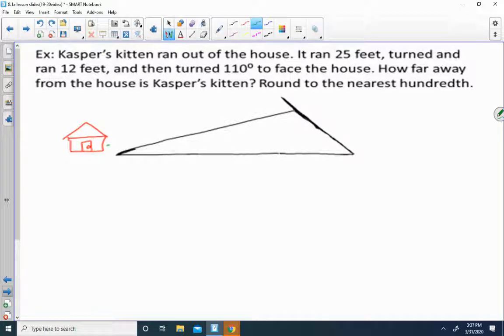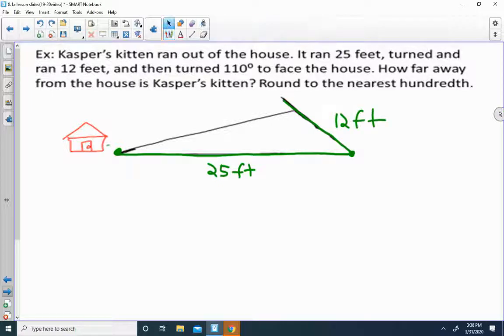Okay, so let's say the cat is right here when it gets out of the house. We're first told that it's going to run 25 feet in one direction. And then it's going to do a turn right here. We don't know how large that turn is, but after it turns, it's going to run in a different direction, 12 feet. And ignore that part right there. 12 feet is right here. So now the cat is right here.